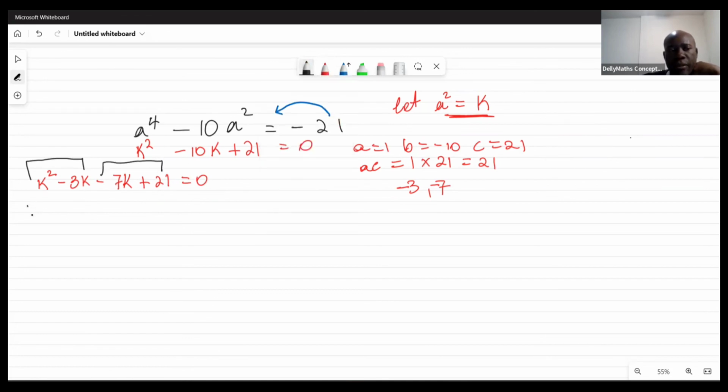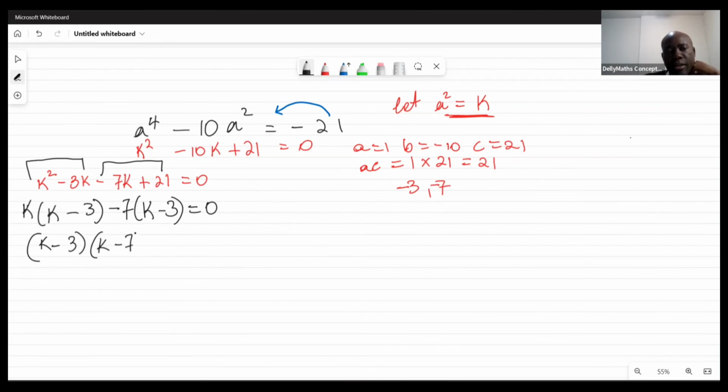What's my factor for the first piece? k, open bracket. k into k squared, I'll be left with k, and then a minus 3, then a minus 7, and then I'll end up with a k and a minus 3 again. And this is equal to 0. From here, k minus 3 times k minus 7 is equal to 0.